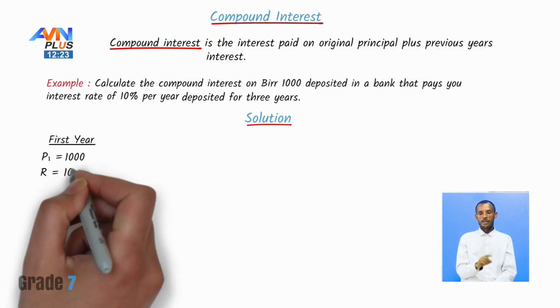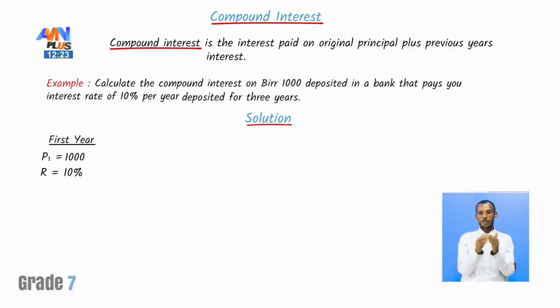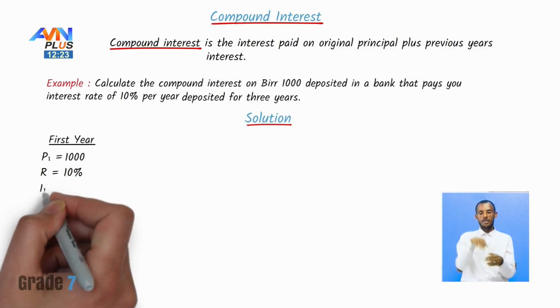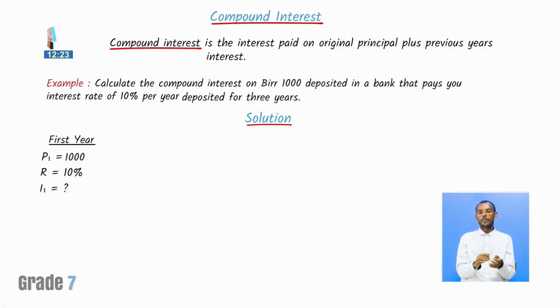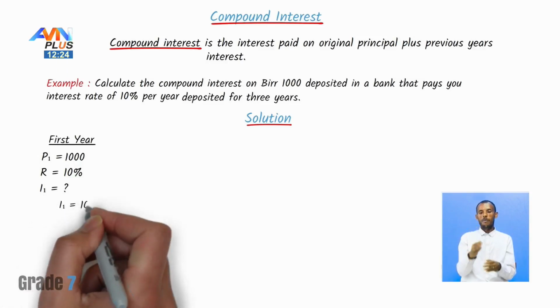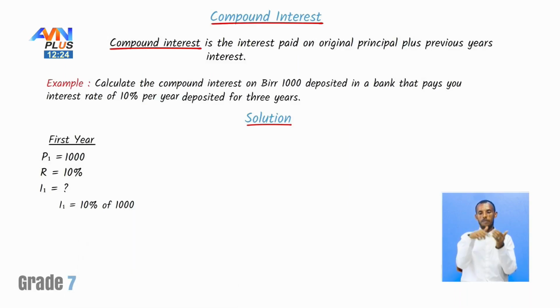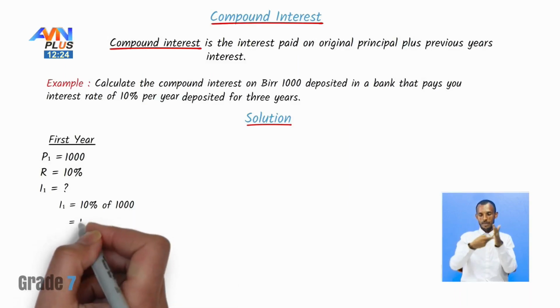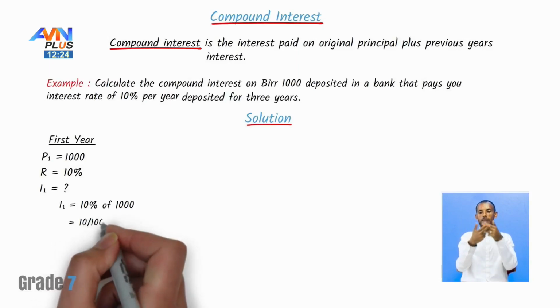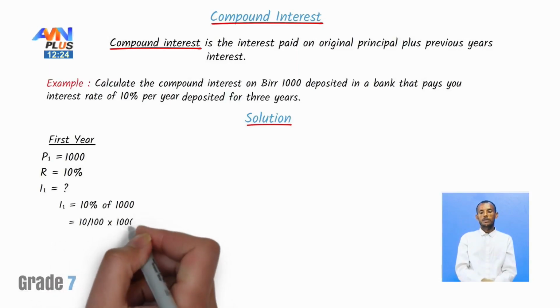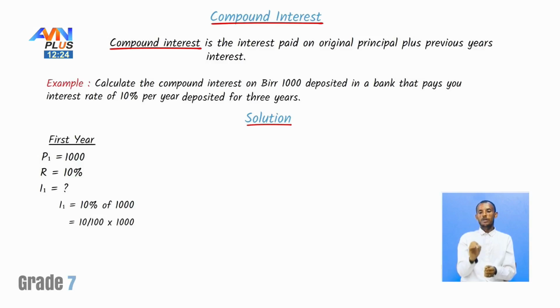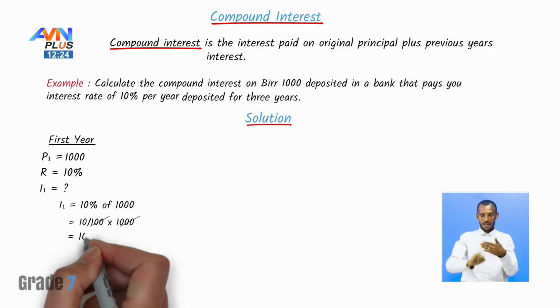The interest for the first year is 10% of the deposited amount. So, I1, the interest for the first year, will be 10% of 1,000. Therefore, this gives us 10 over 100 times 1,000. These two zeros cancel out. 10 times 10 is 100. Therefore, this will be the interest for the first year.